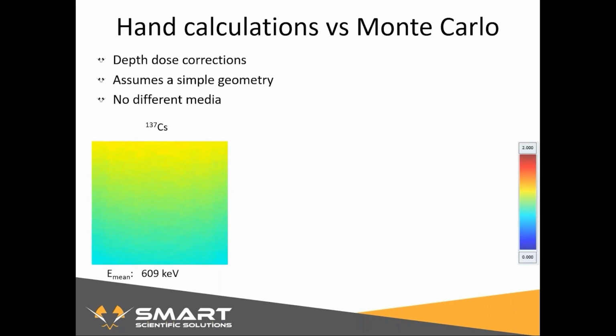For example, if you come from a Caesium irradiator and you would take a big block of water, as shown here, you see a gradient, but nothing extreme. And you could, in theory, calculate at a certain depth what the dose is going to be there. Because Caesium has a high mean energy of 609 keV, you can expect a very minimal gradient.